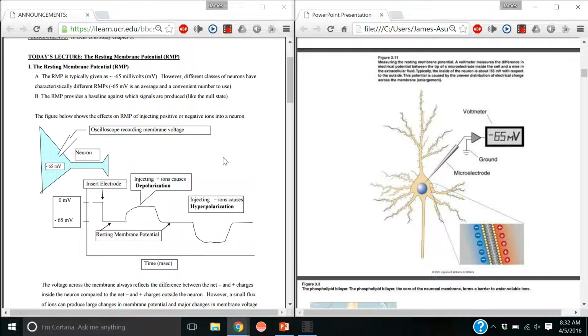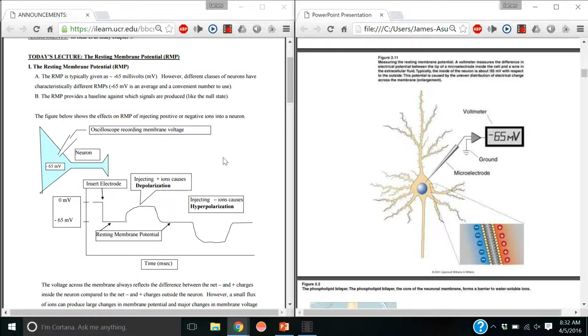But what happens if, in contrast, instead of injecting positively charged ions, you're injecting anions, negatively charged ions? Well, that makes the neuron more electrically negative, and so the membrane potential becomes more negative here. It stays negative during the time that negatively charged ions are being injected.